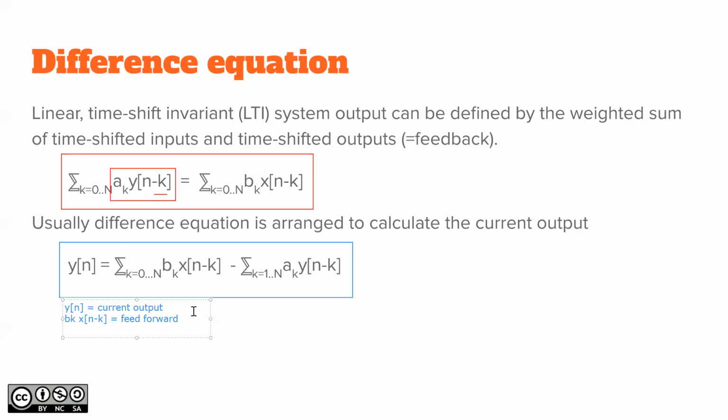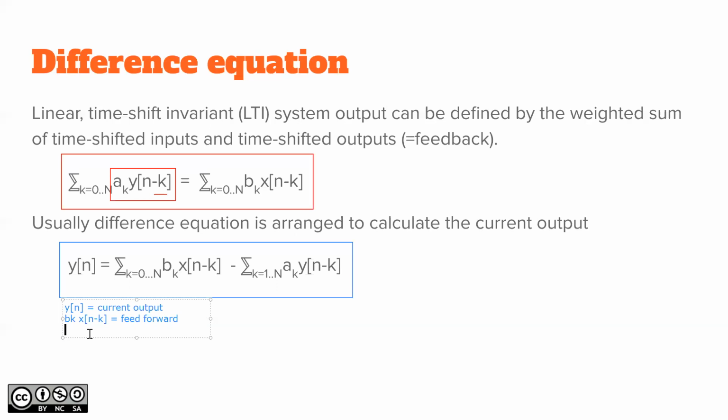And the later one, look at the sign here. That's quite important to see. Basically this is the red one and blue one here, exactly the same equation, only that the later one is taking the current output. So basically this is used to calculate the current output.